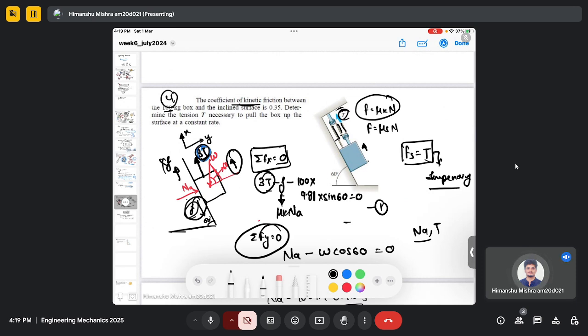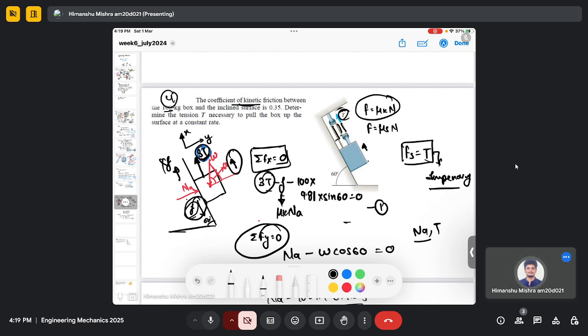Because of this impending motion, it's a motion that has now started taking place because you applied a force which is almost equal to the friction force, and that's why the motion has begun. Since you are pulling in the upward direction, the motion will be in the same direction, upward.